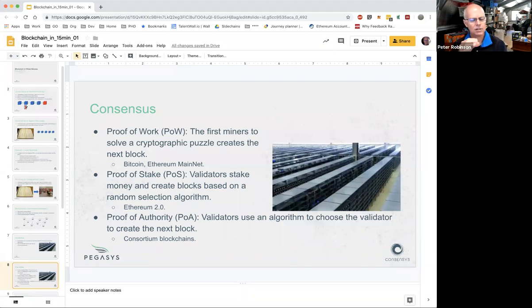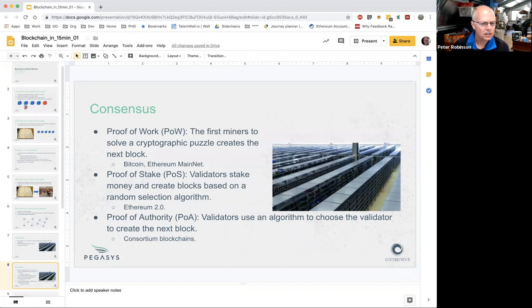And so it's a way of fairness, that it's mathematically shown that the probability of producing the next block relates to how much effort you put into solving the puzzle. And so because of that, you end up with things like what you've got in that photograph there, where you've got whole factories worth of computers busily trying to solve the cryptographic puzzle. And so Bitcoin and Ethereum mainnet use that sort of consensus algorithm.